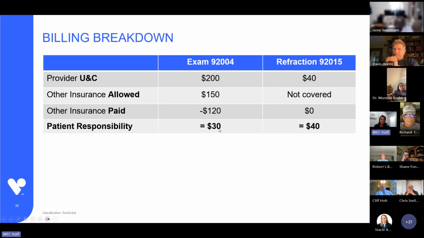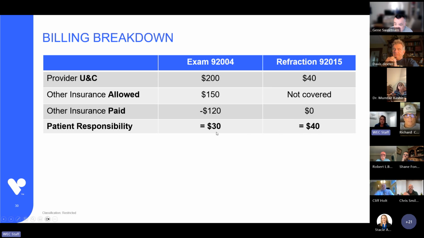The difference is $30. The patient had a $30 copay. But with the $30 copay and the $120 that they pay, there's the allowed amount of $150. So at this point, though, they're not going to pay anything for the refraction, of course, because that's not covered. And so it leaves the patient out-of-pocket cost the full $40 for the refraction.